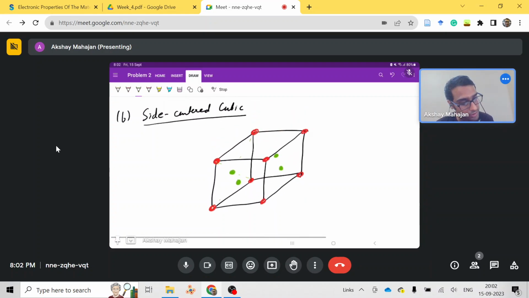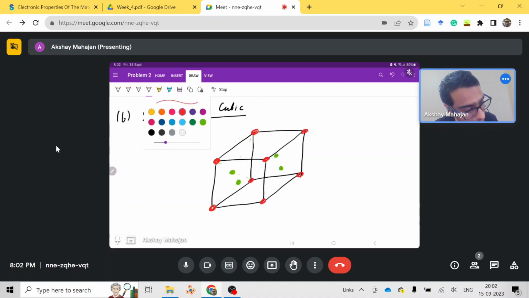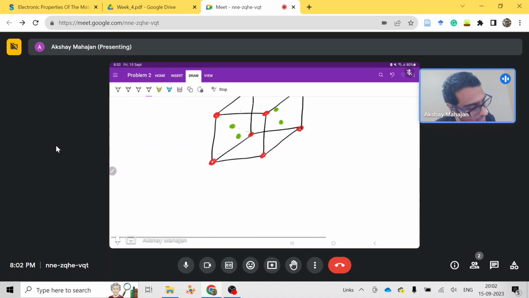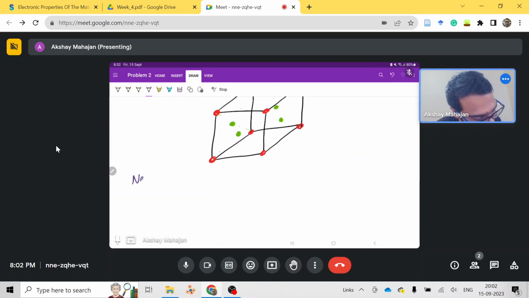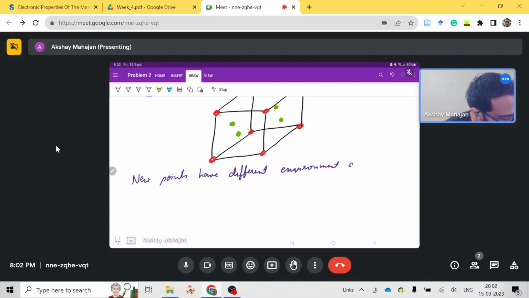Now what we can see from here is that the new points have a different environment as compared to the corner points.